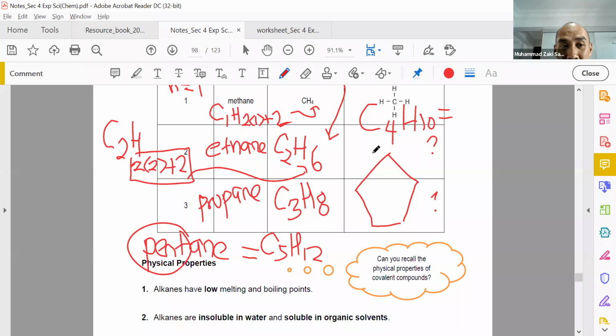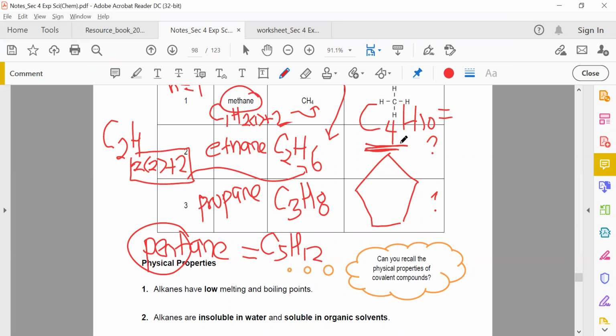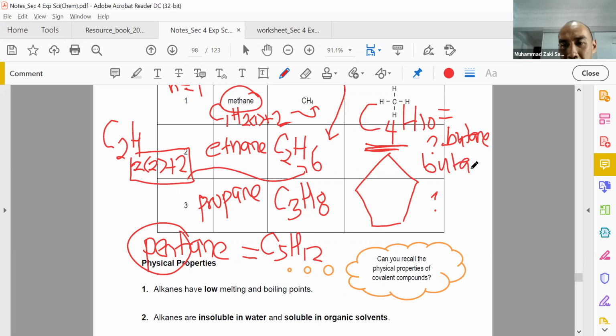Remember, it's an alkane, C4. Check your notes. C4 is butane. Yes, butane. I said butane, right? Butane is a cooking gas.